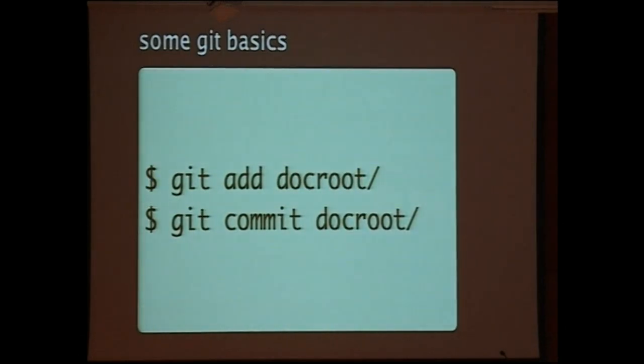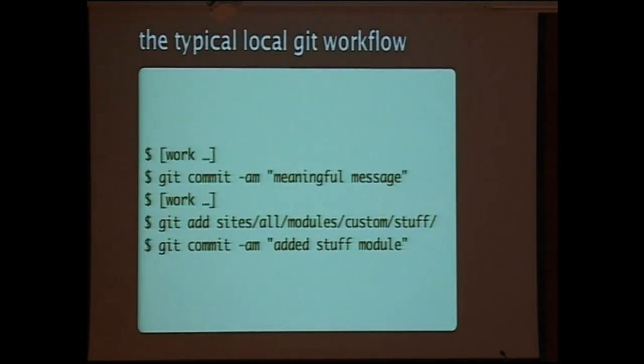So if you add a new file, it will tell you about it. If you change a file, it will tell you about it. If you update a module, you will see that. So it's almost impossible, if you use that tool, that you will forget something. The typical workflow looks like this. You change some stuff, you do a commit, you add a descriptive message of what you have done, and save that state.